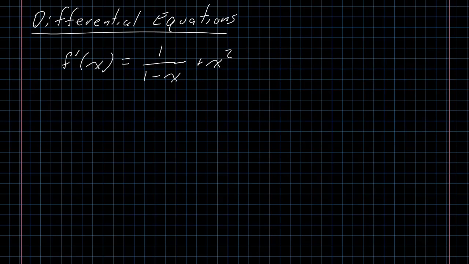F prime of x, the derivative of f at an arbitrary point x, is given by the formula 1 over 1 minus x plus x squared.